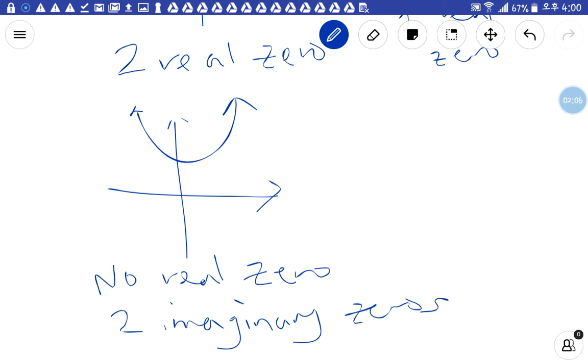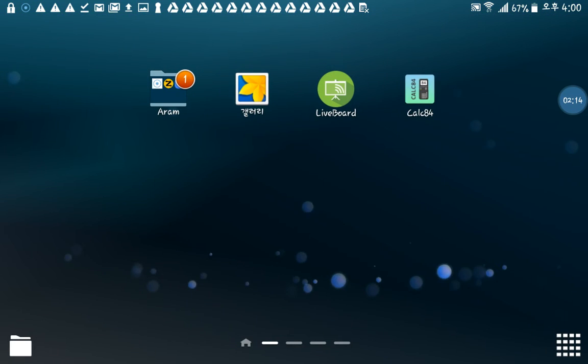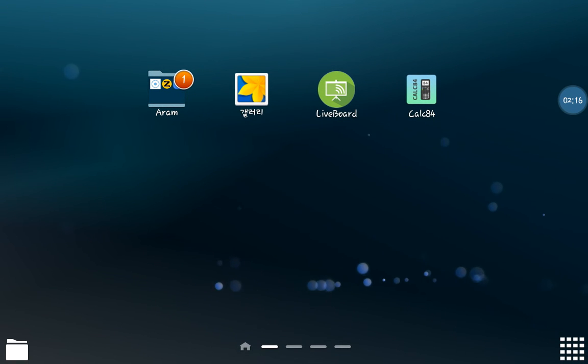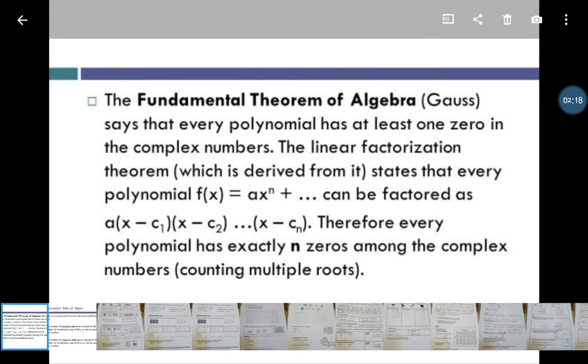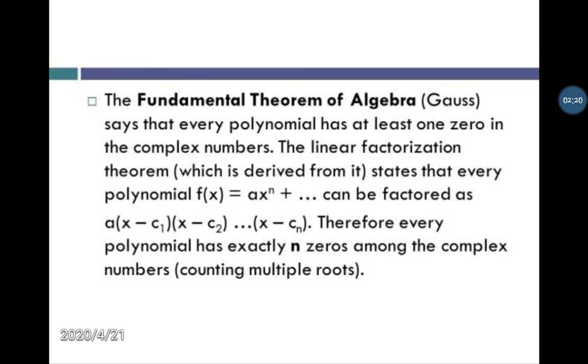Okay, so this comes from the fundamental theorem of algebra. So I'm going to share this. The fundamental theorem of algebra is from the German mathematician Gauss. It says that every polynomial has at least 1 zero in the complex numbers.